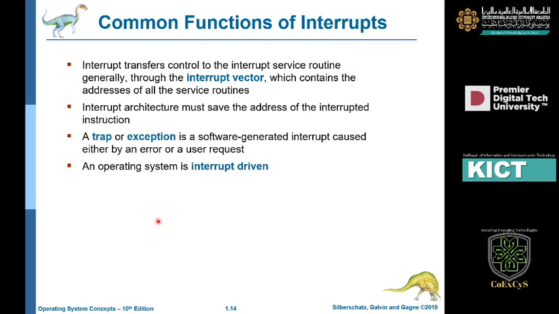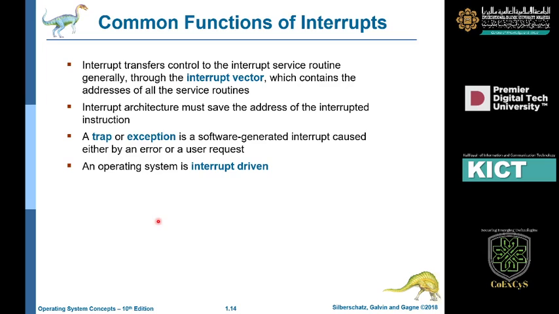When an interrupt occurs, it needs to run code that the CPU understands, and all of this is contained in the interrupt vector, which contains the addresses of those routines. The routine is a specific piece of code to run. The interrupt architecture must save the address of the interrupted instruction, so the address is where to find the routine particularly.